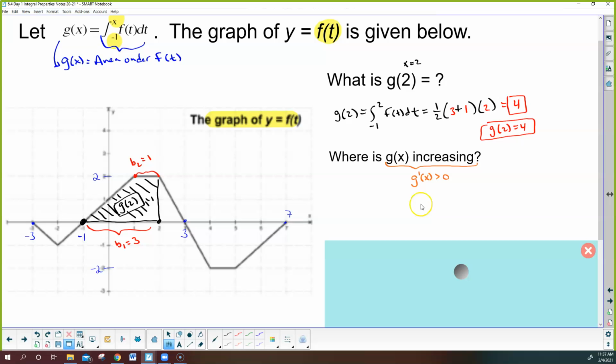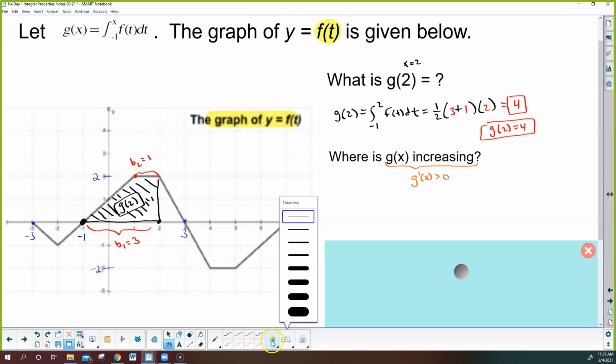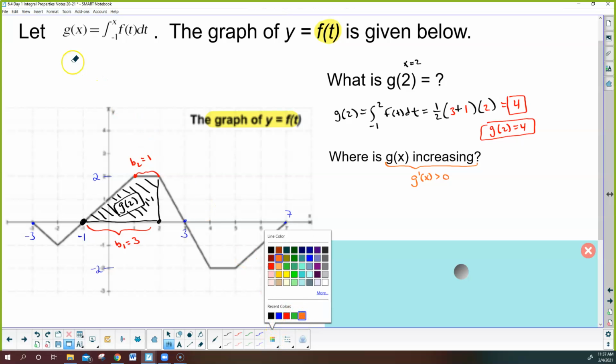Okay, well, what does that mean? I need to take the derivative of g. Okay, now, I'm going to erase this part here because we understand that that is the area under the curve. So what would happen then if I wanted to find g prime? Well, I'm going to take the derivative of both sides.